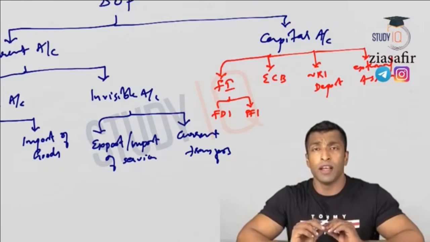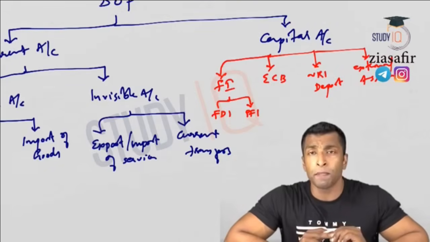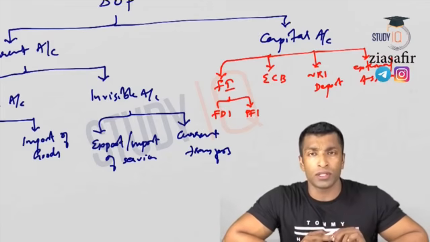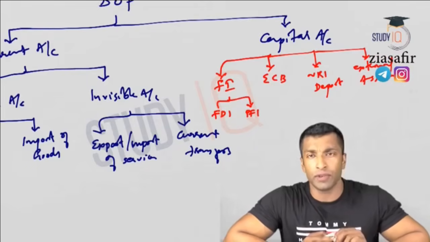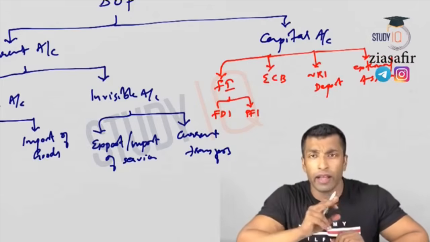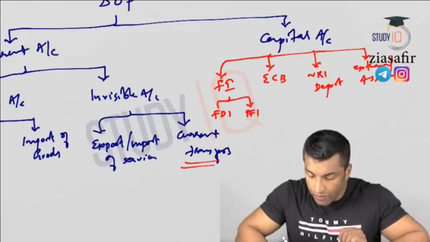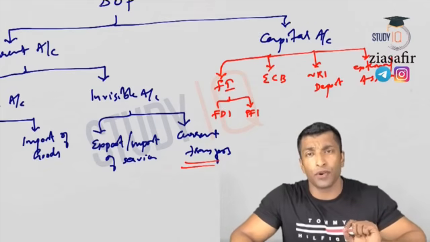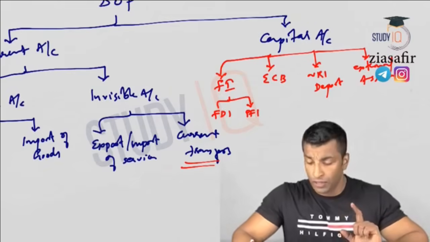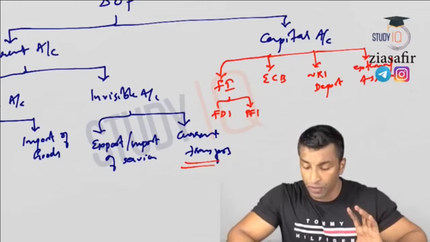Then we will be writing about external assistance here. When we talk about external assistance, I'll be only adding loans here. Okay, I will not be adding grants which we receive here because they were already added in the current account. When we talked about current transfers, I told you the gift, grants, and such foreign remittances will be added over there. So when we talk about external assistance, only loans.